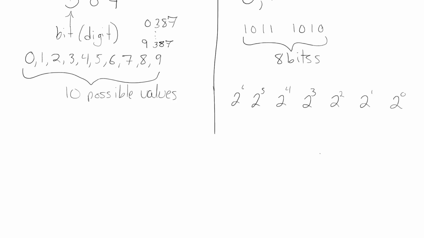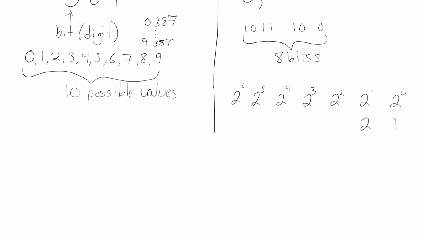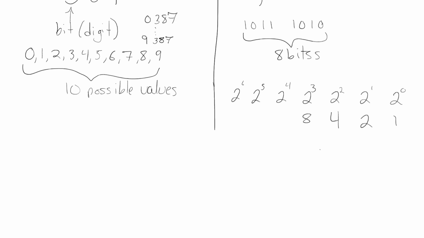So 2 to the power of 0 is 1, as any number to the power of 0 is 1. 2 to the power of 1 is 2, 2 to the power of 2 is 4, 2 to the power of 3 is 8, 2 to the power of 4 is 16, and 2 to the power of 5, 32, and 64. So here we have a 7-bit number with all of the possible values for those places.